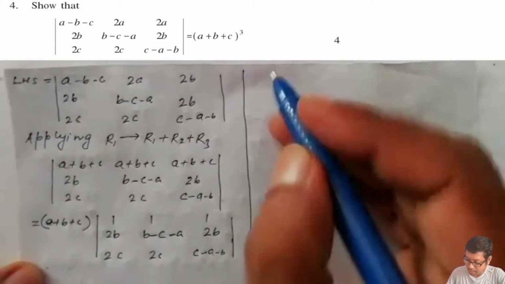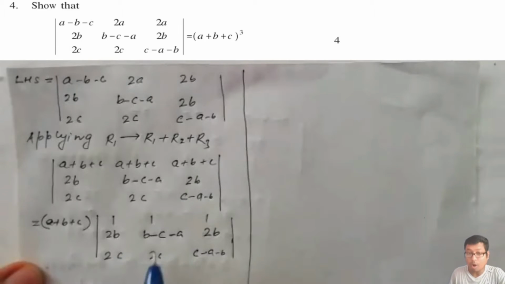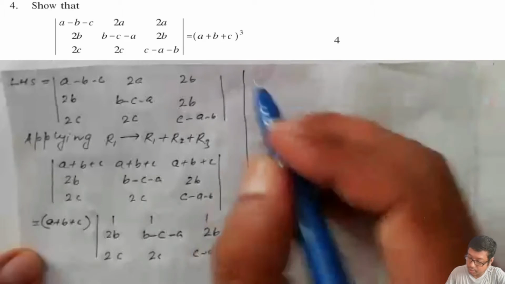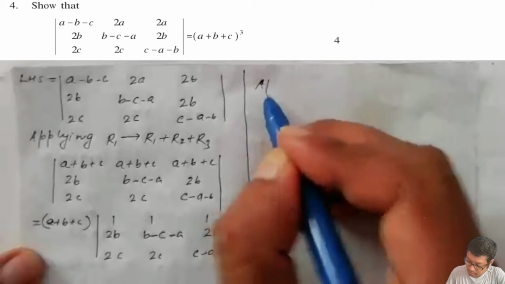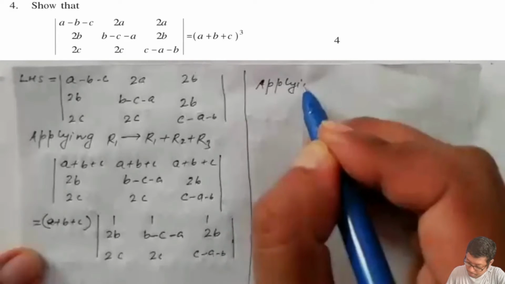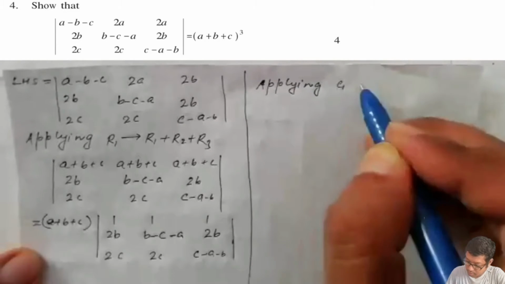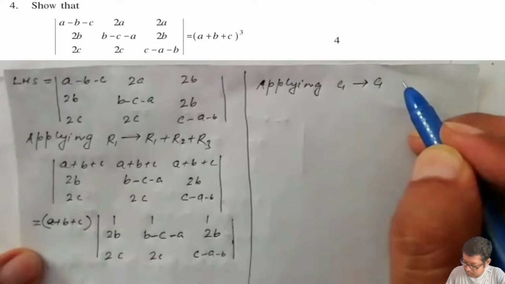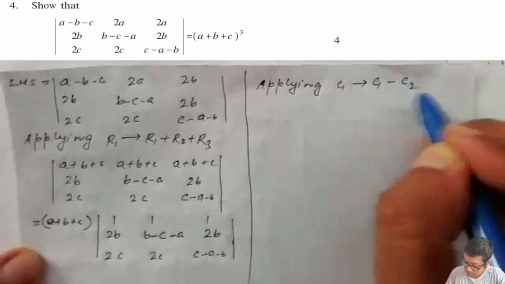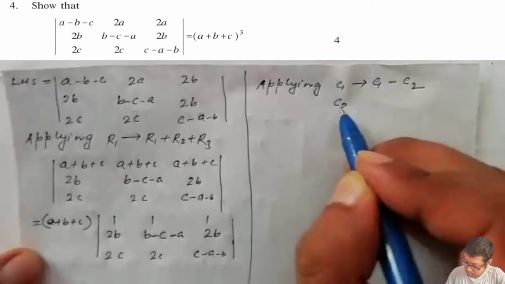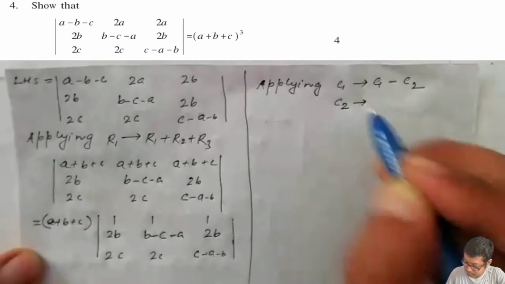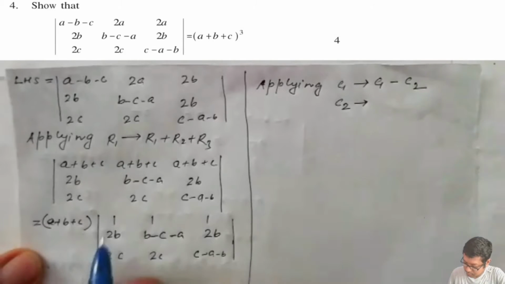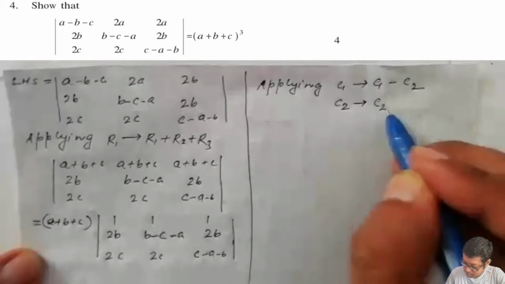and now I will apply a column transformation here. Now how is this column transformation taken? You see here. Applying C1 goes to C1 minus C2, and C2 goes to, suppose, C2 minus C3.